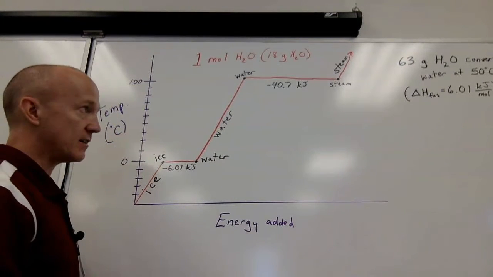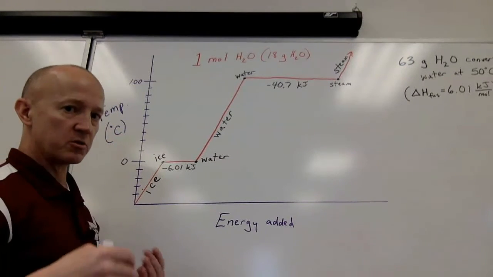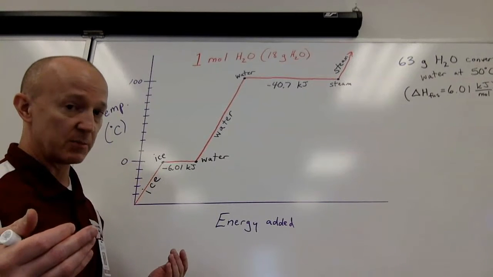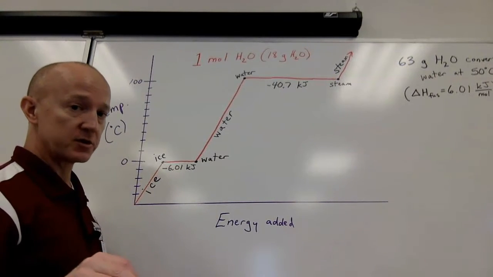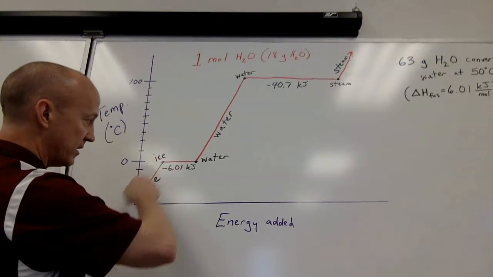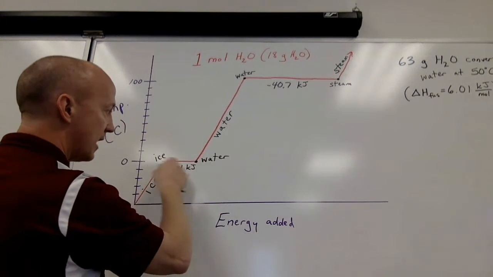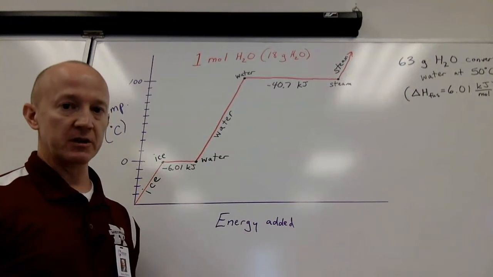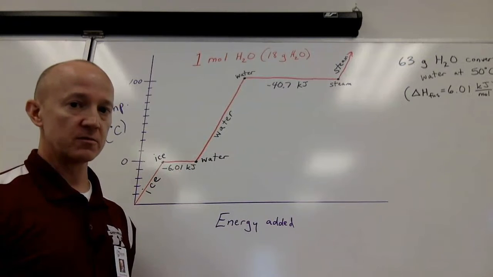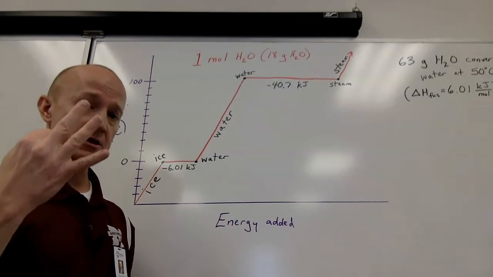So because of that, our normal Q equals M times C times the change in temperature is not going to work for us. It will for this point right here, and it will for this point right here, but not this point. That's where we need to use the heat of fusion. So we're going to break this into 3 stages.